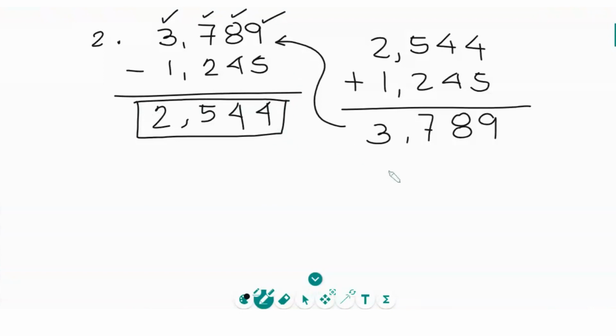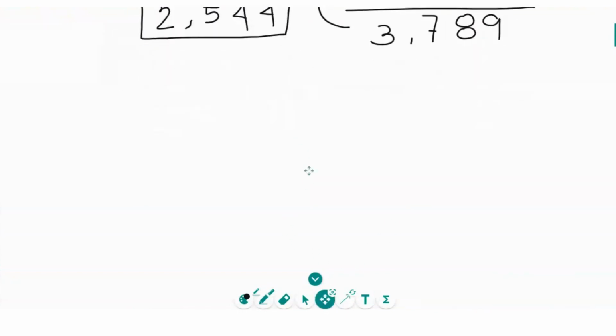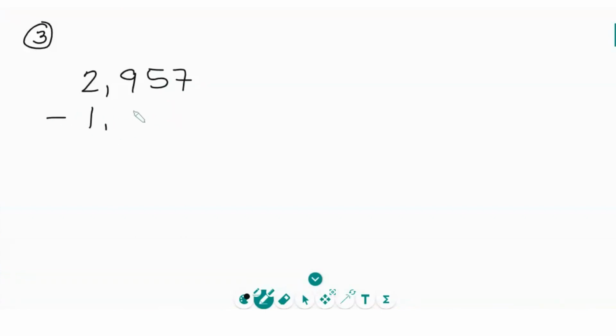Okay, we're going to move on to number 3 of the 3-digit subtraction. So for number 3, we have here 2957 minus 1684.